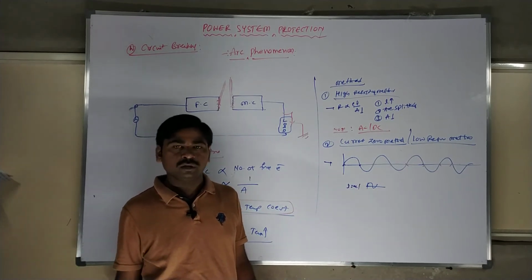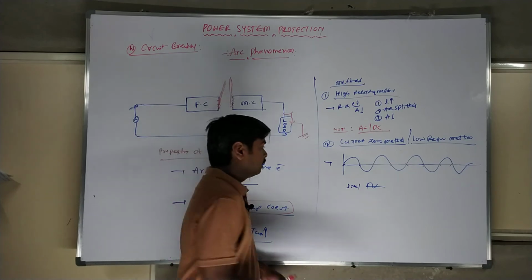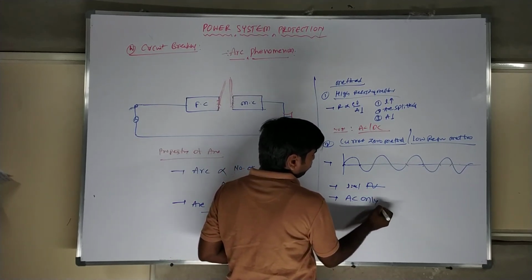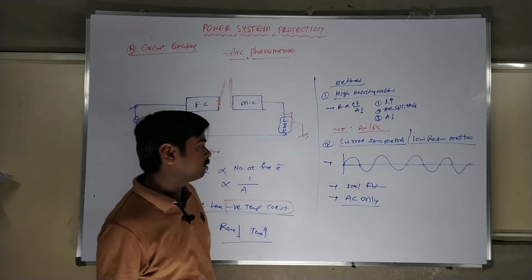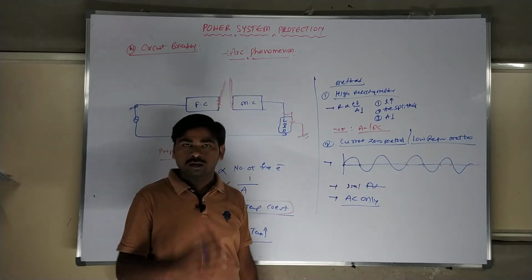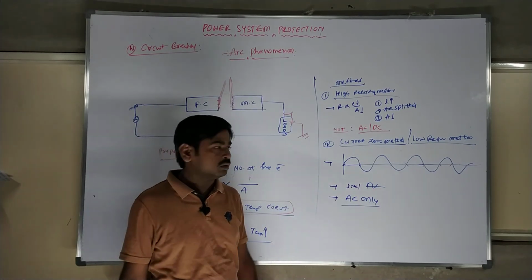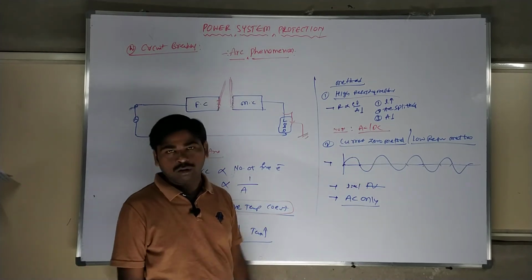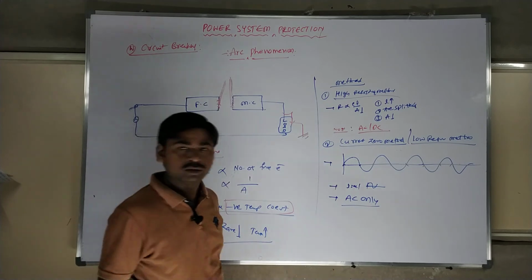So it's the toughest task. That's one drawback. One more interesting point is that we can use it only with AC power supply, because in DC there are no current zero points. Only AC has current zero. So this method is applicable only to AC, not DC. That is one drawback.